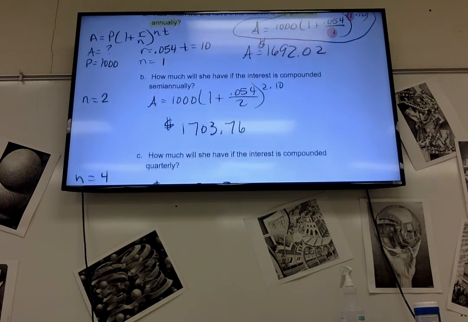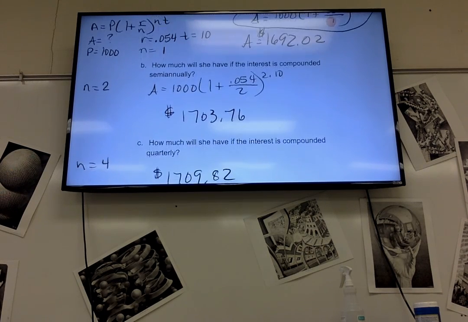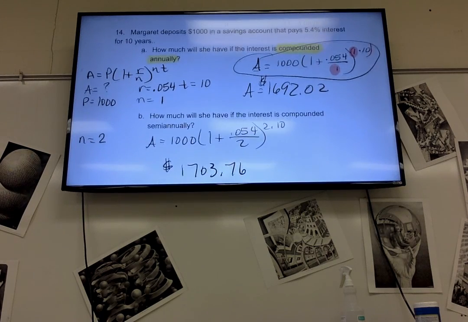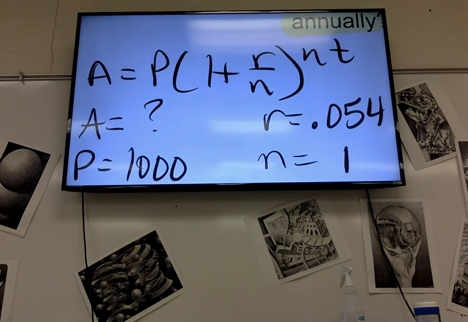Yes, sir. What is that second equation? There it is. It is only when it's compounded instead of simple interest, and it's A equals P parentheses 1 plus r over n parentheses and then raised to the n times t.